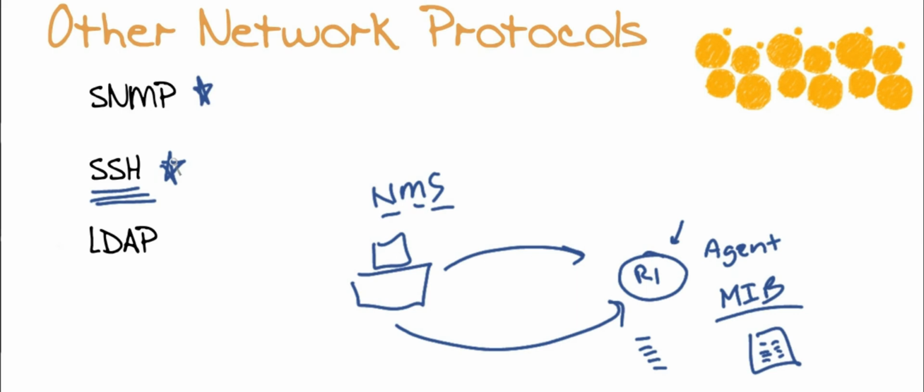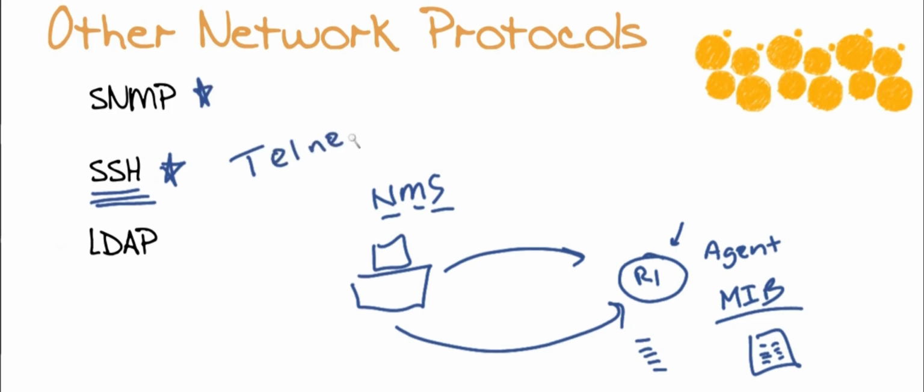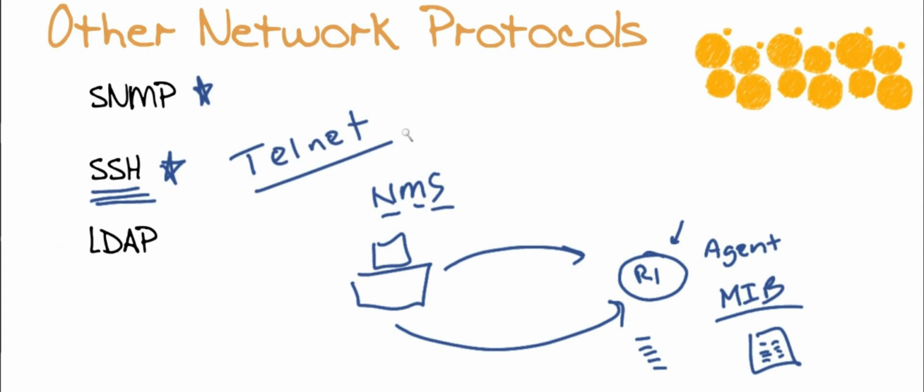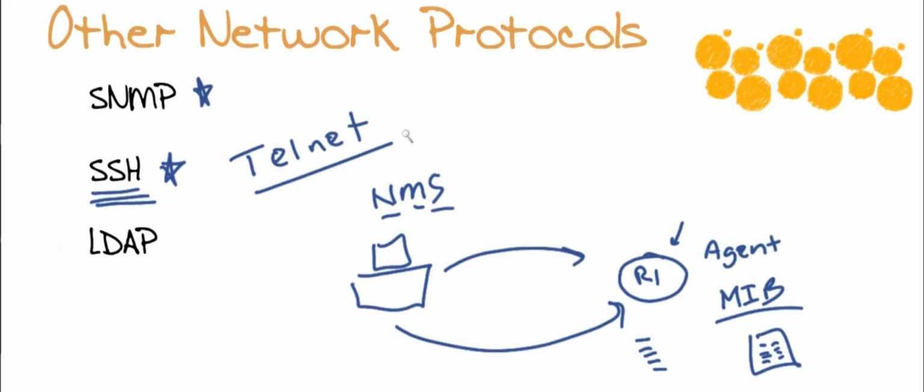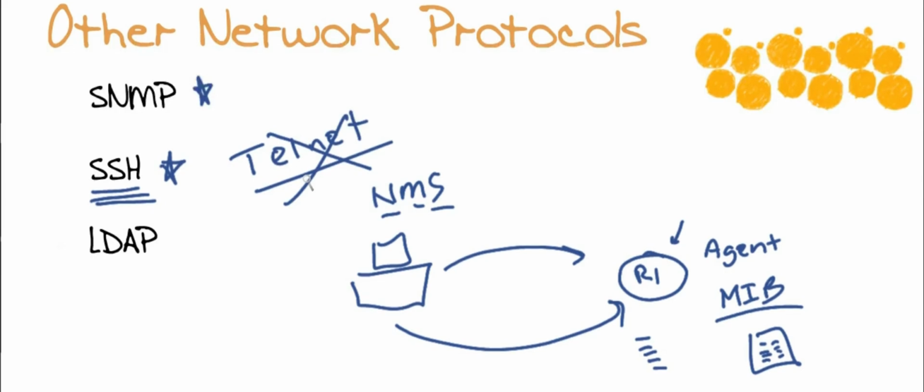If we don't care about security, we could use an alternate protocol called Telnet in order to remotely log into that device and configure it. But we're moving away from Telnet today, as you might guess, because people are all interested in security now when it comes to moving traffic over the network or, of course, the public internet.